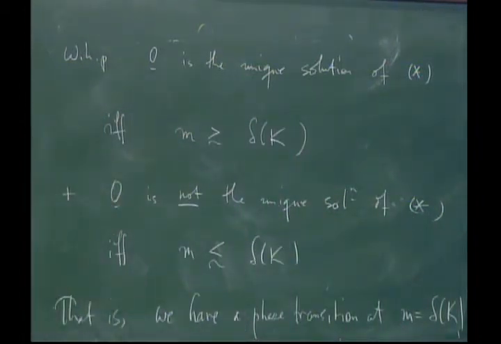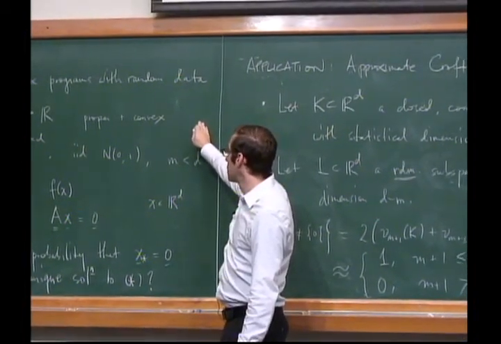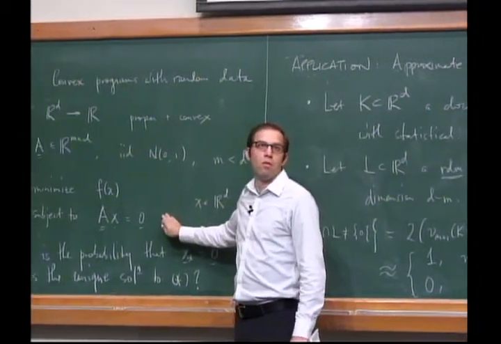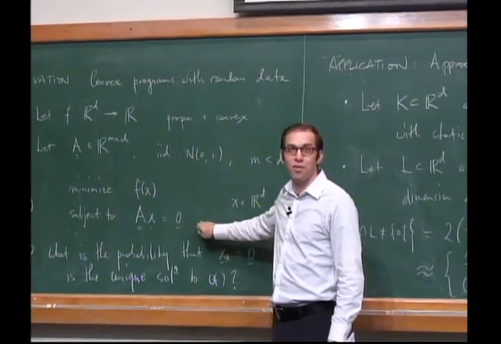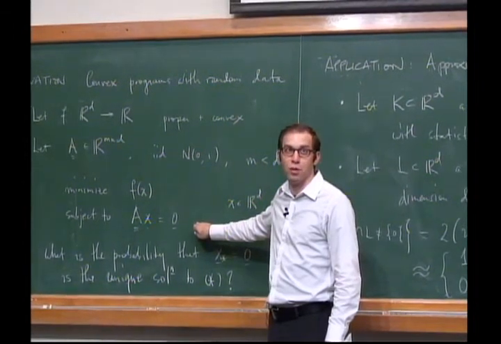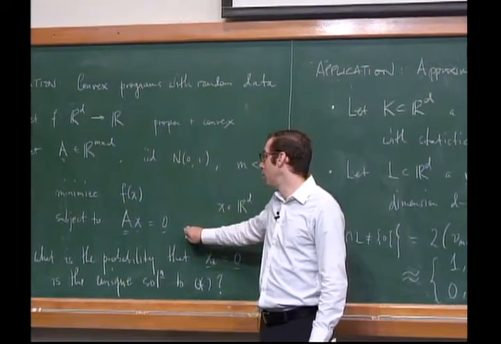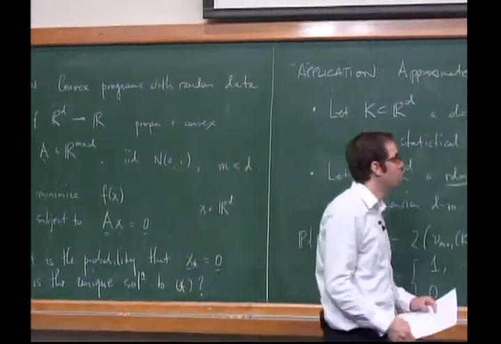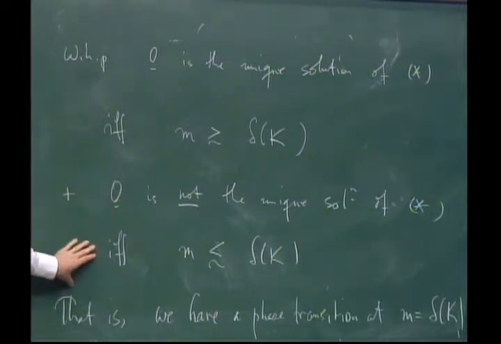What you find out is that when you're trying to solve convex optimization problems with random data, really only one of two things can happen, and it depends on how much data you have: the number of rows in this matrix M, the number of linear equations in the optimization problem. When you have a lot of constraints, 0 is the only solution. When you don't have a lot of constraints, 0 is not the only solution.